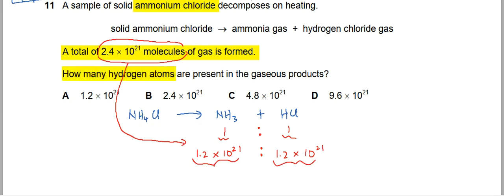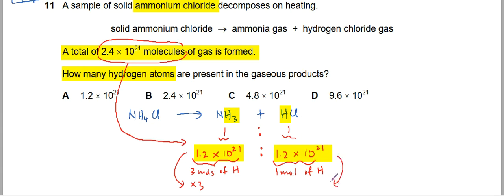The next thing we need to notice is that the question is asking for how many hydrogen atoms. For each mole of ammonia there are 3 moles of hydrogen, and for each mole of HCl there is 1 mole of hydrogen. So for ammonia, the number of moles needs to be times 3 to get the number of moles of hydrogen, and for HCl you need to times 1 only.